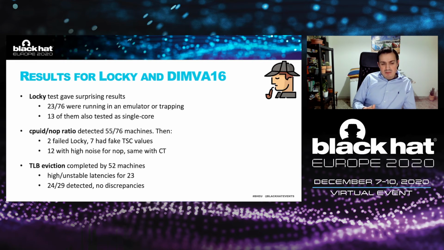While for several machines the latencies were unstable, so probably the TLB filling didn't succeed, we observed that out of 29 machines, 24 were detected, and there were no discrepancies for the counter threads, because there was no point for sandboxes in faking the timestamp counter in those cases, unless they knew and detected this attack.